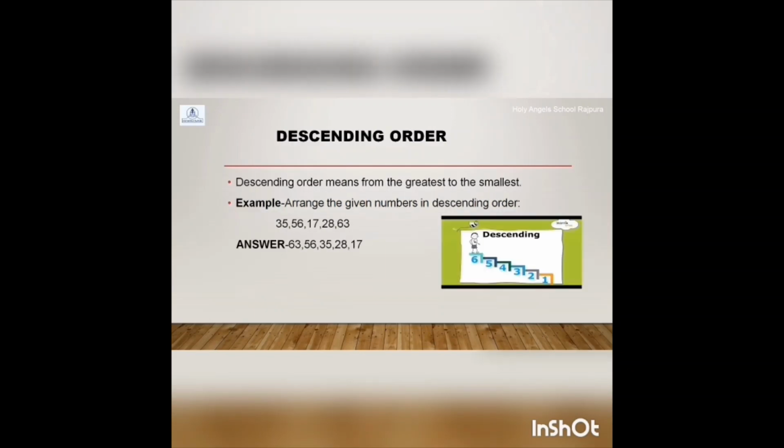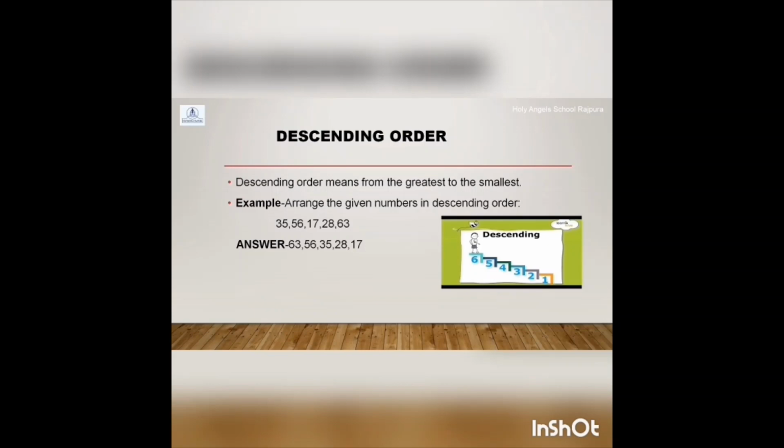Descending order. Descending order means from the greatest to the smallest. Here we have to arrange the numbers from the greatest to the smallest. We have given here the numbers 35, 56, 17, 28, 63. Out of the given numbers, first of all, we will find the greatest number.